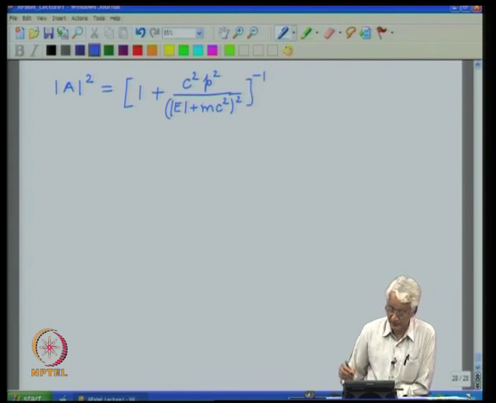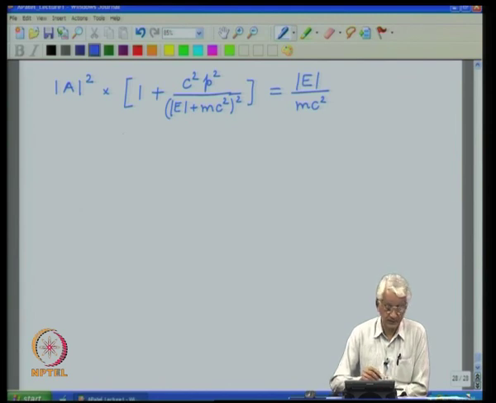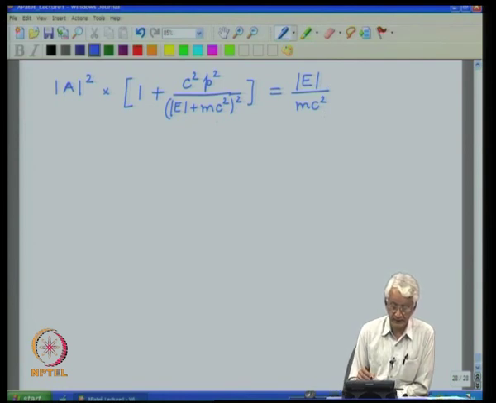Sorry, it is better to rewrite it in terms of the original equation. This left hand side is psi dagger psi, right hand side is E by m c square, and now one can do a little bit of manipulation. E square plus m c square combines with this c square p square to produce the well known dispersion relation terms.